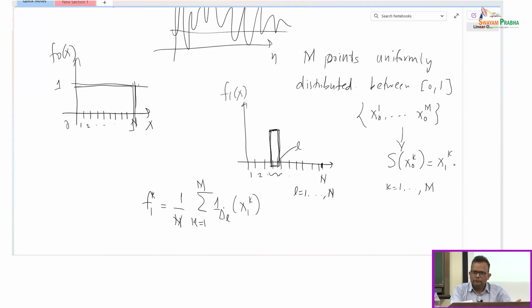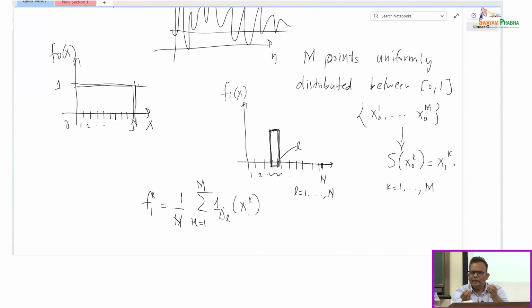Make sense? So you have m points uniformly distributed between 0 and 1. You propagate these m points and count how many of them land in the delta L box and average them.